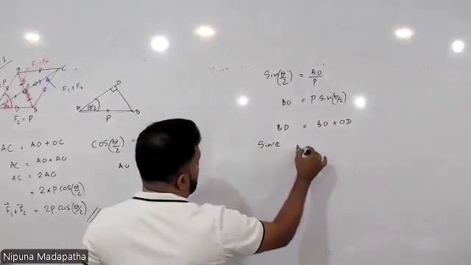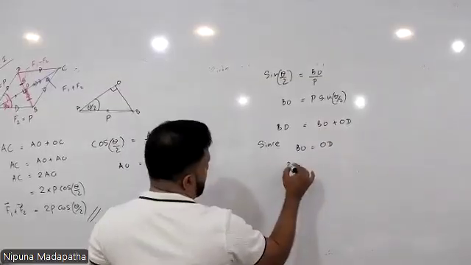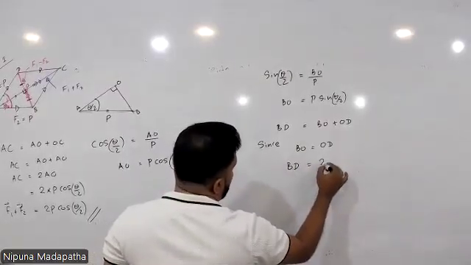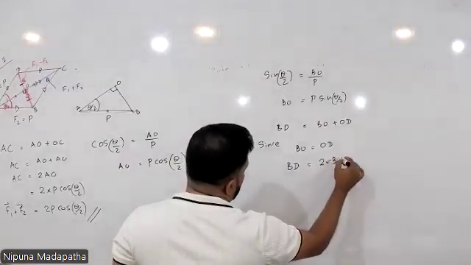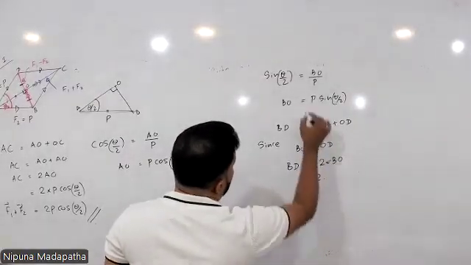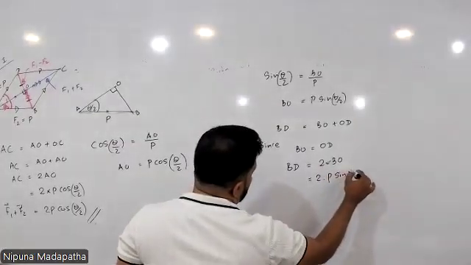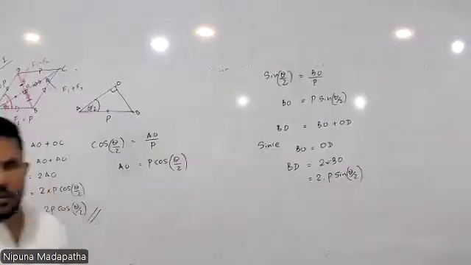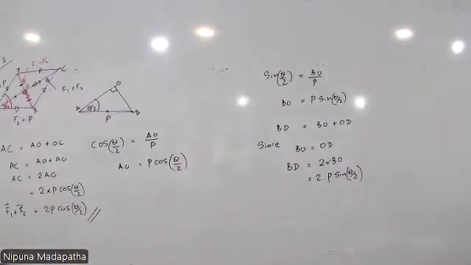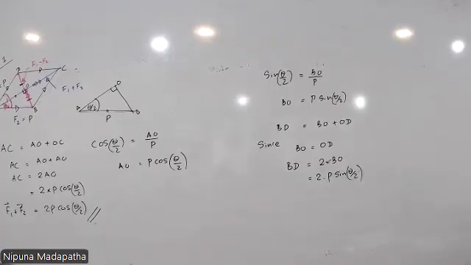Since BO equals OD, BD can be written as 2BO. 2BO is 2P sine theta over 2. The second method is based on mathematics.